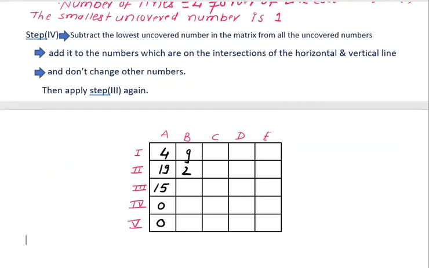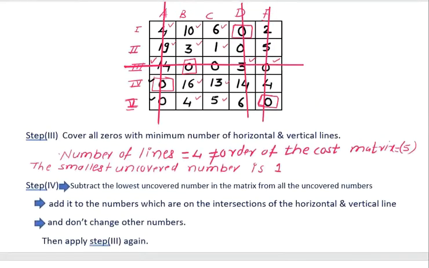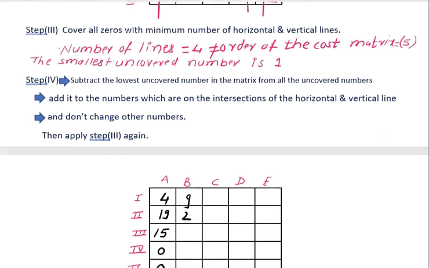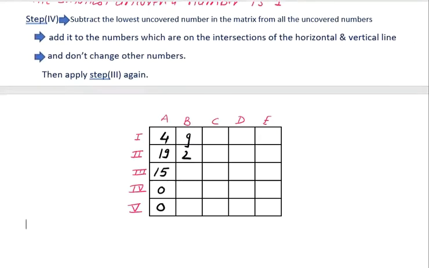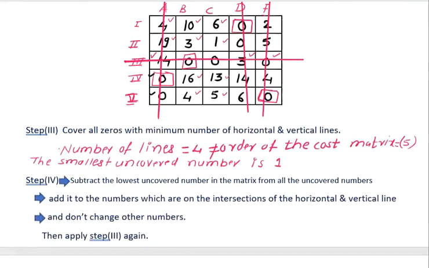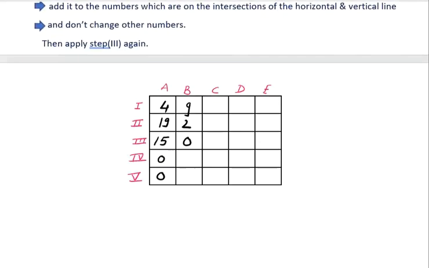Then the next number is 0, do not change 0 because it is on the line. Then the other two numbers are uncovered numbers. So subtract 1, we get 15 and 3. 16 minus 1 is 15, 4 minus 1 is 3. So 15 and 3.